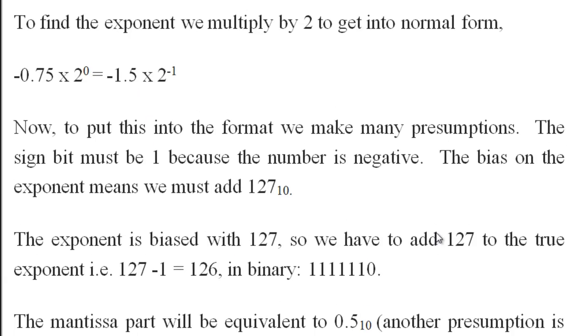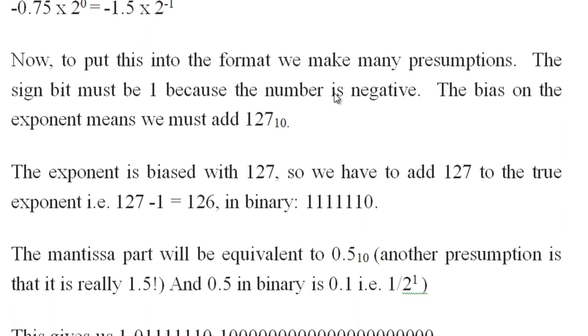There are lots of assumptions made, and one is that the sign bit of 1 means it's a negative number, and a sign bit of 0 means it's a positive number. And inside the exponent we must add 127 in decimal because there's a bias on the exponent. The reason for that is purely technical and really has not much to do with computer science.